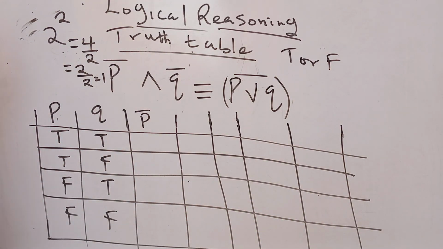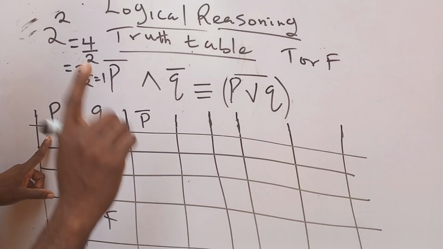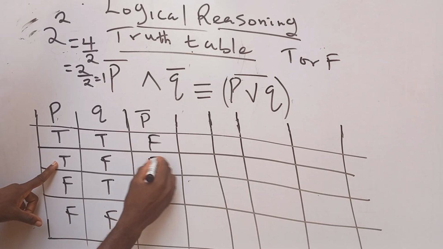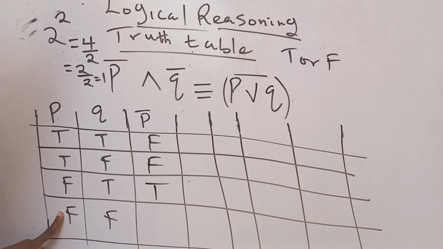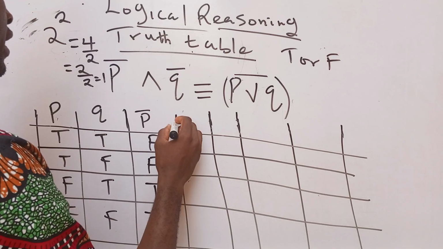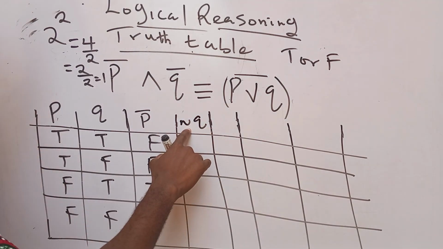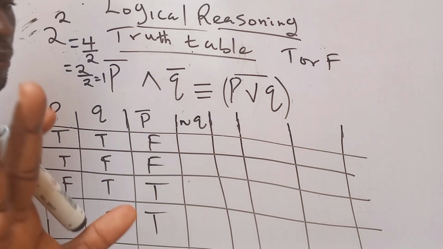That's what I want you to know. So for negation P, if the statement is not true, that statement will be false. If the statement is not false, that statement will surely be true. Then we are going to create a table for negation Q. Sometimes it is written like this or with a bar like this. I'm using different forms so that whichever one you see in your materials, you know.